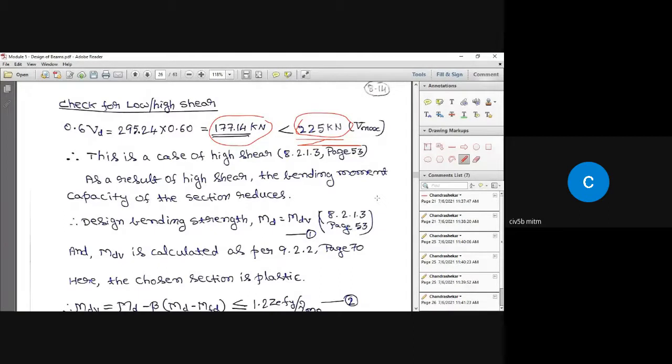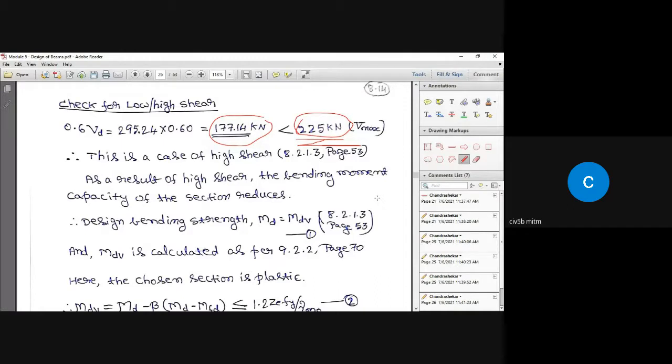So if it's a plastic or compact section, the formula to find out the MdV value is Md minus beta within brackets (Md minus Mfd), and that should be less than 1.2 Ze fy divided by gamma m0.